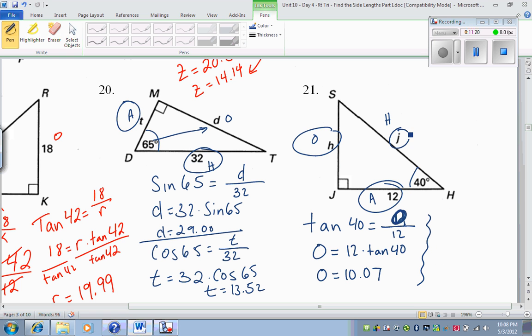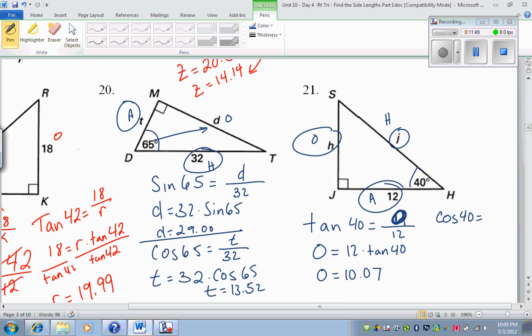Now I'm going to find J, which is the hypotenuse, and that's hypotenuse and adjacent. That's cosine. So cosine of 40 degrees is equal to J over 12. Cross multiplying, I get J equals 12. Did I do that right? I did not do that right. It's adjacent over hypotenuse. I'm going to erase that.